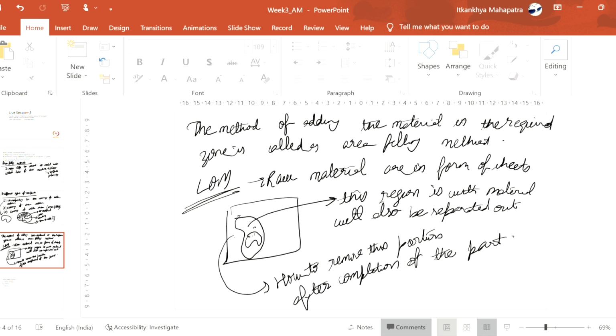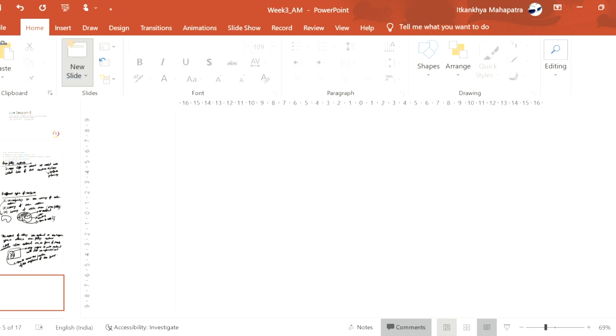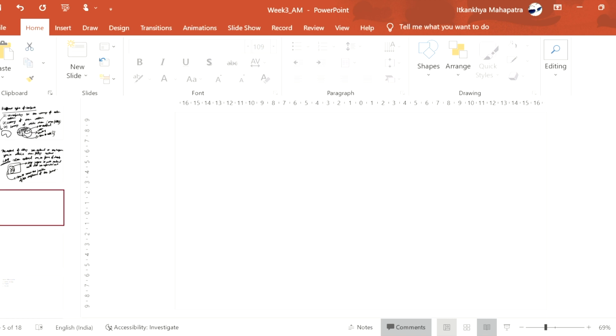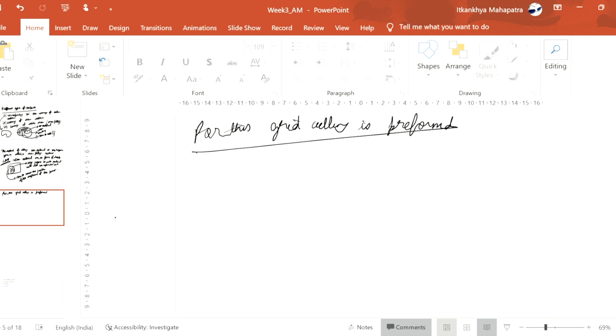Now in this case, for this operation grid cutting is performed. That means this is a combination of x and y passes.